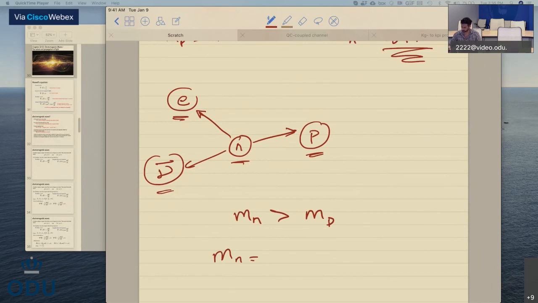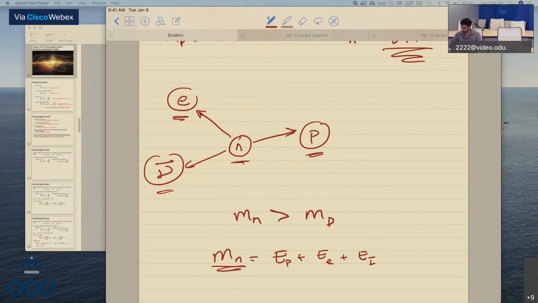And so the total energy of the neutron is just stored in its mass, and it's going to have to be equal to the energy emitted by the proton, the electron, and the antineutrino.